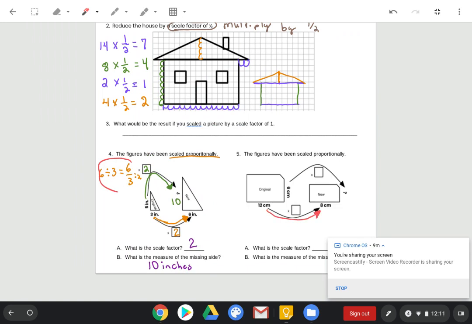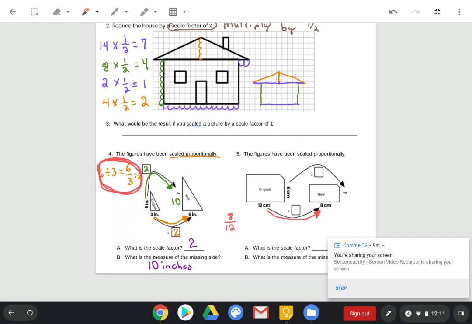I'm circling it right now on the left-hand side of my screen. Before, it was easy for us because we knew that 3 times 2 was 6. But even if we didn't know, we could do division. That's the same thing we can do on the right-hand side. So I can take that 8 and divide it by 12, and that'll give me my scale factor.